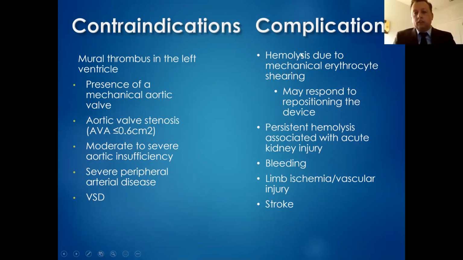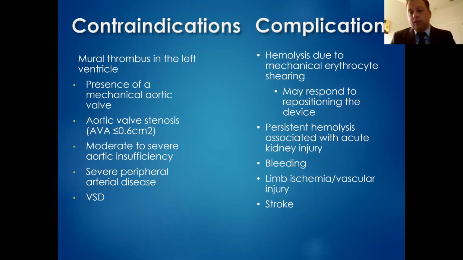Complications of this device. One, hemolysis is probably the most common, and this is due to the mechanical shearing of red blood cells. You can also get thrombocytopenia for the same reason. Many times it will respond to repositioning, but you also want to make sure that you have a CVP in the range of about 10 to 12 so that the RV is able to supply enough volume over to the left side.